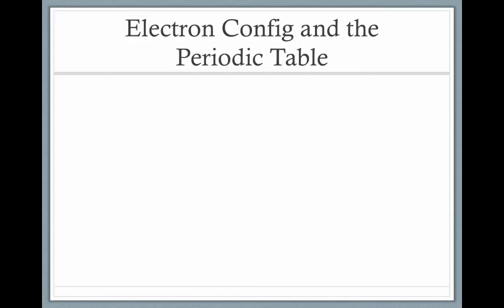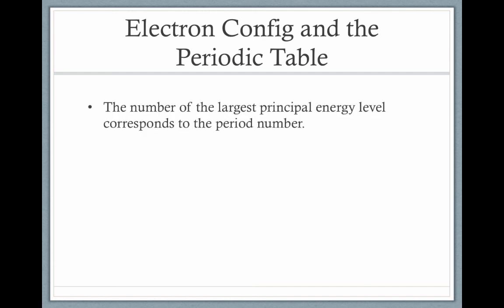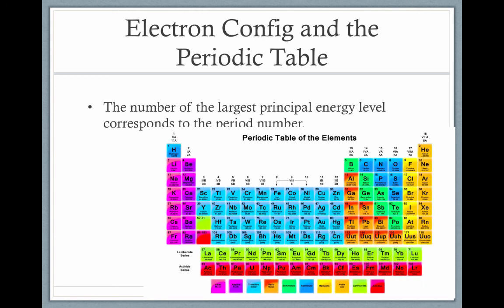Electron configurations actually correspond directly to the position of an element on the periodic table, and you should be able to write the electron configuration for any element simply given its position on the periodic table. So how does this work? Well, the number of the largest principal energy level that it contains electrons is given by the period number.